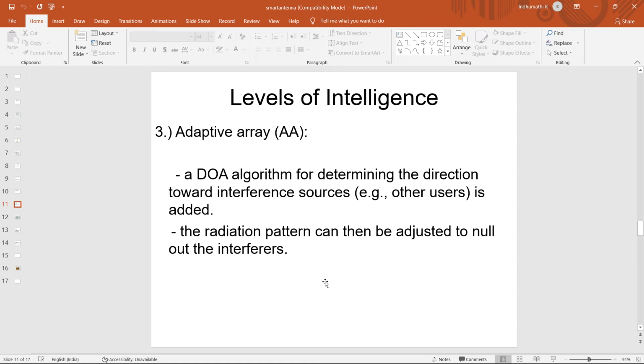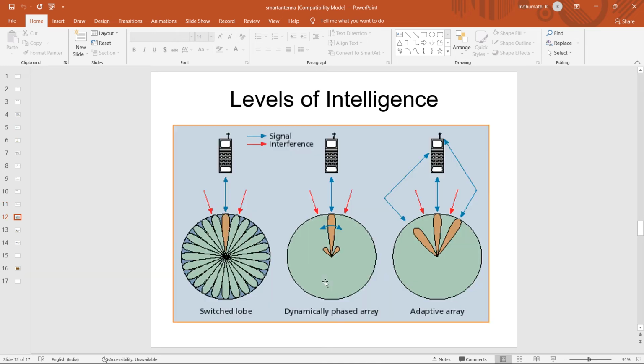In the adaptive array, a direction of arrival algorithm for determining the direction towards interference sources is added, and the radiation pattern can then be adjusted to null out the interference. The adaptive array is the recent concept, and it is the most utilizable compared to the previous two. So the levels of intelligence are switched lobe, dynamically phased array, and adaptive array. In switched lobe we have lobes in all the directions, and over that only the main lobe will be considered in one particular direction.